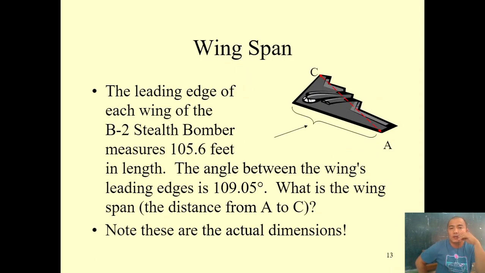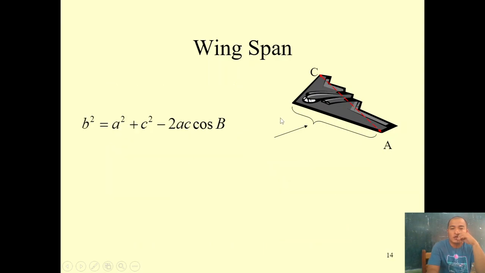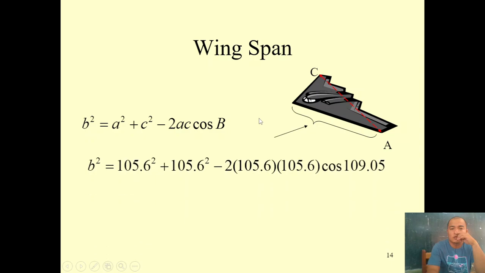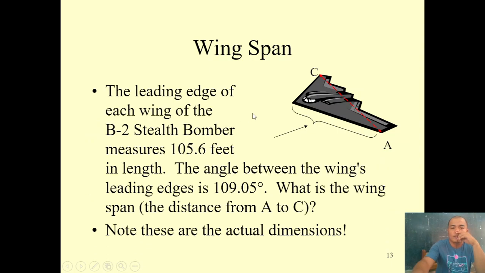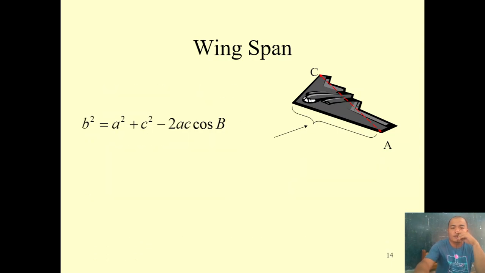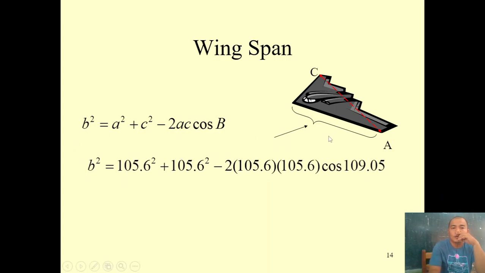How about this? Wingspan. The leading edge of each wing of the B2 stealth bomber measures 105.6 feet in length. The angle between the wing's leading edges is 109.75 degrees. What is the wingspan, the distance from A to C here? Note, these are the actual dimensions. So what we're trying to solve here is AC, which is side b.